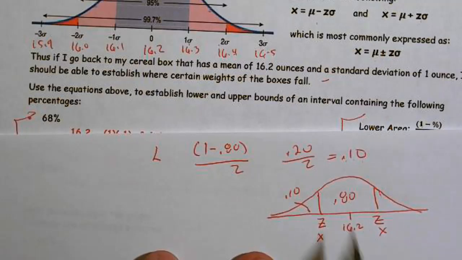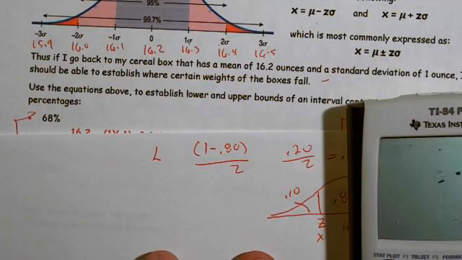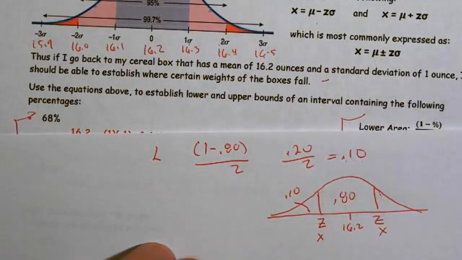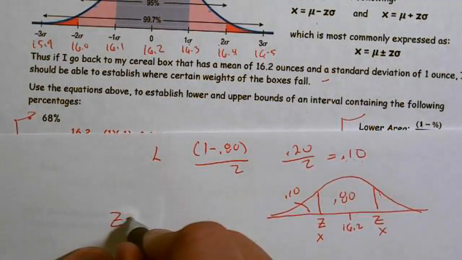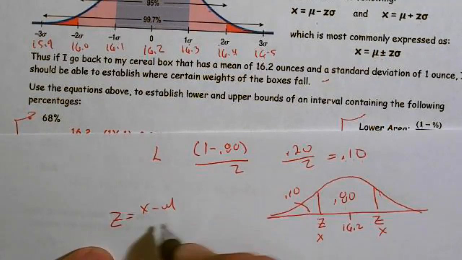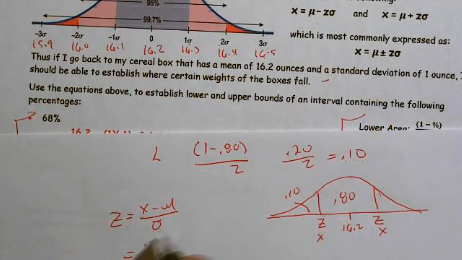Okay? So to get that z-score, and remember, z equals x minus mu over sigma, we don't have the x, but we do have the mean of 16.2, and we have our standard deviation of 0.1.